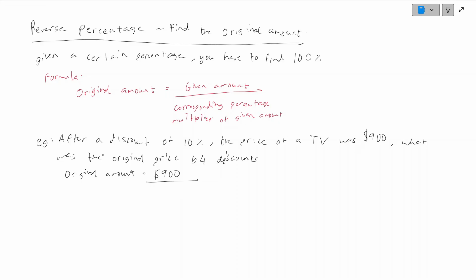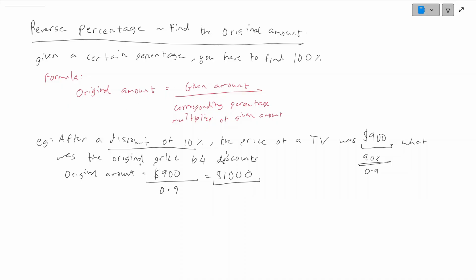So remember, the original amount is 100%, and we got 900 after a 10% discount. So as per the previous section, our percentage multiplier for this 900 was 90%, because we had reduced 10. There was a percentage decrease of 10%. And if the percentage was 90%, then your percentage multiplier was 0.9, because you divide by 100, change it into a decimal. So what you will do here is divide it by that 0.9, and from that we will get $1,000. So that will be your original amount that we found using this formula.